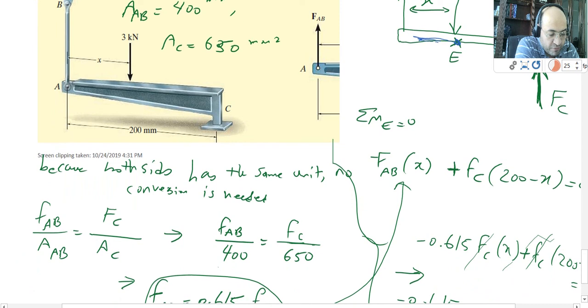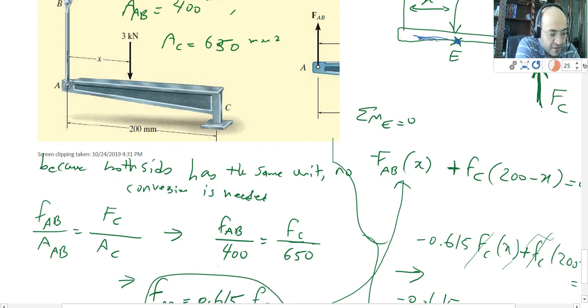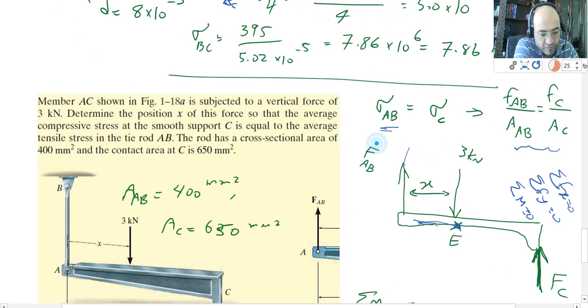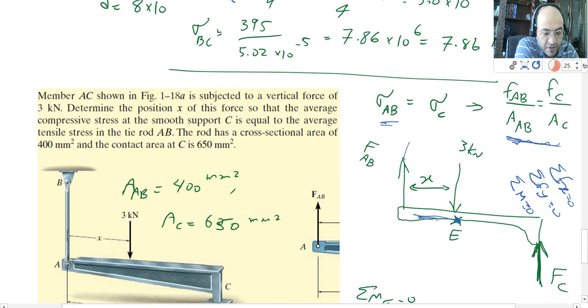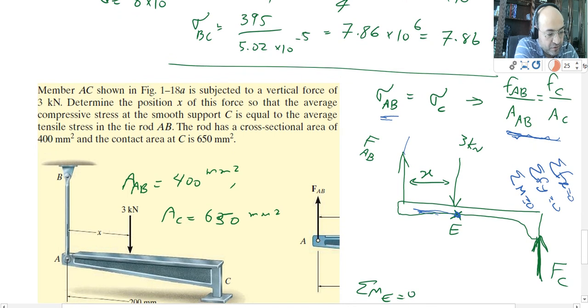So we continue from these equations. We have F_AB, we have F_C. Then from here, I found one relationship. Sorry, this relationship here is coming from this one. F_AB over A_AB, A_AB is given to us as 400, and then the area at C is 650.